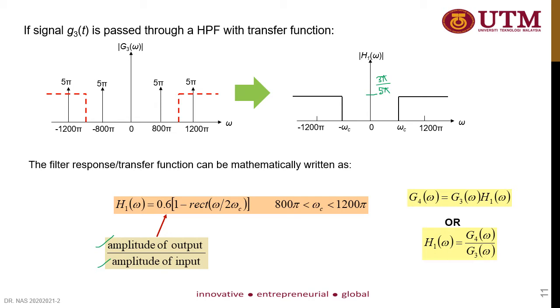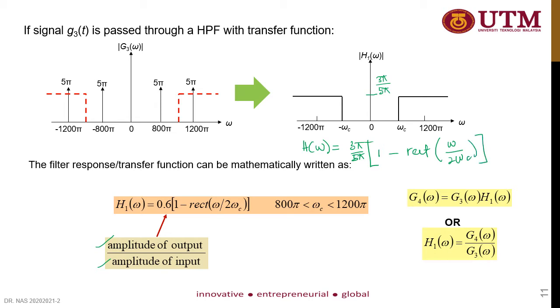And the transfer function, or the equation of the filter, can be written as H(omega) equal to the magnitude 3 pi over 5 pi times 1 minus rect(omega divided by 2 omega c). So what is omega c?